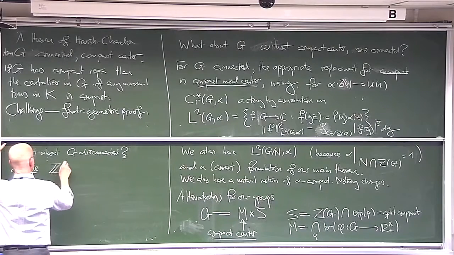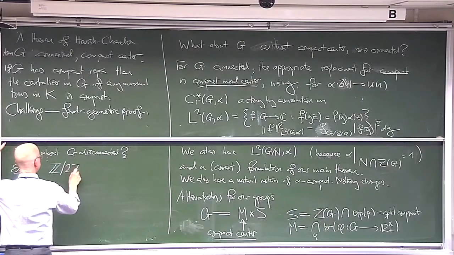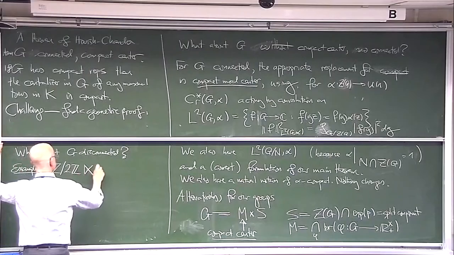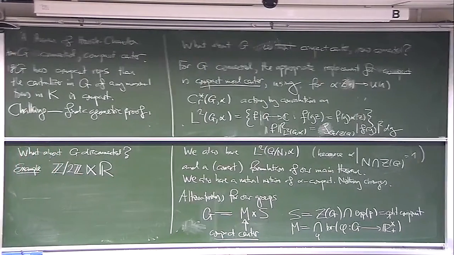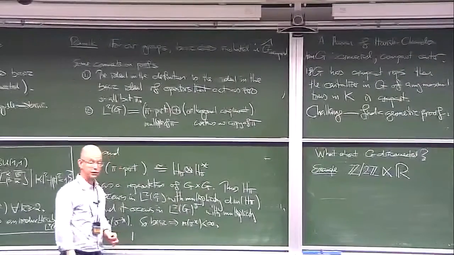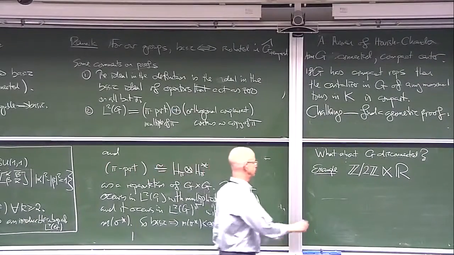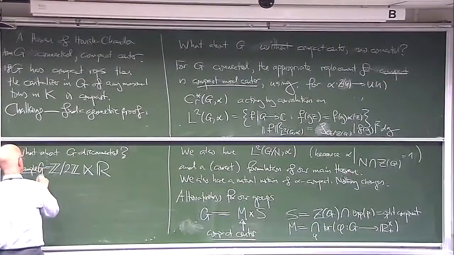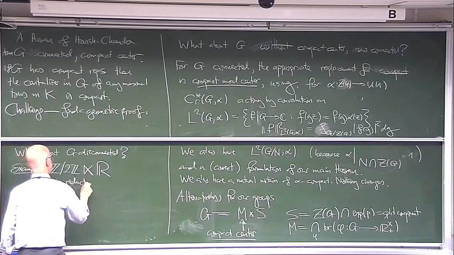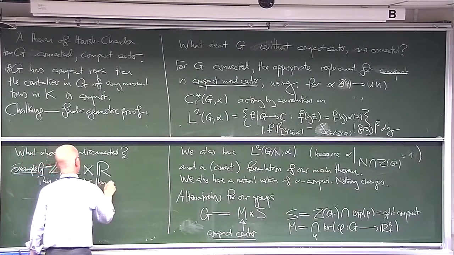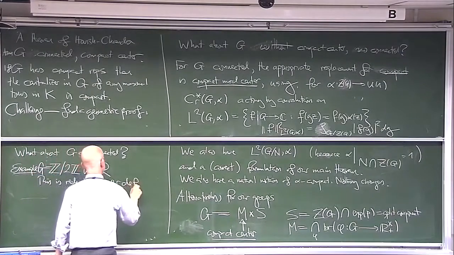Here's a particular group. Let's take the two-element group and let it act on the real line in the obvious way by sending x to minus x, and then form the semi-direct product. So this is an example of a reductive group, according to our definition.